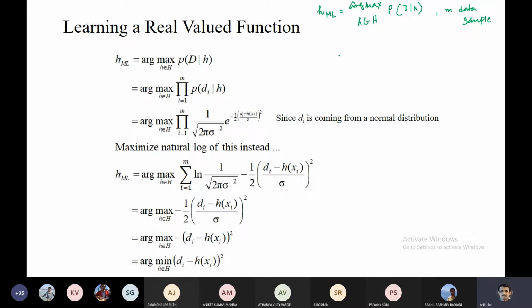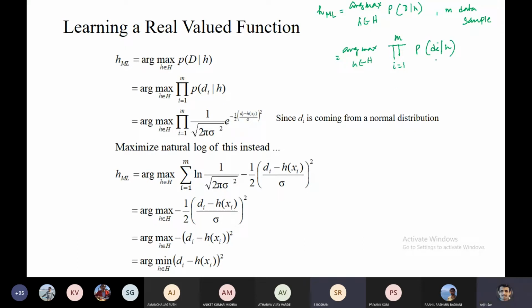So then what if you say that this is argmax over h belonging to H of the product over i of P(di), where di means instances given this hypothesis function h. So by using the hypothesis function, how do we get the probability of every data instance? So the probability of every instance.